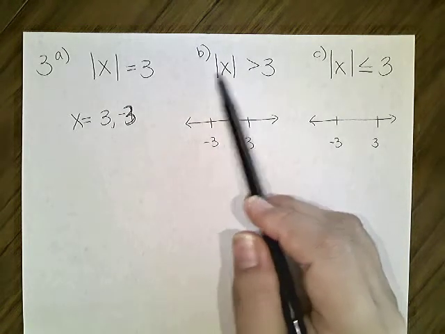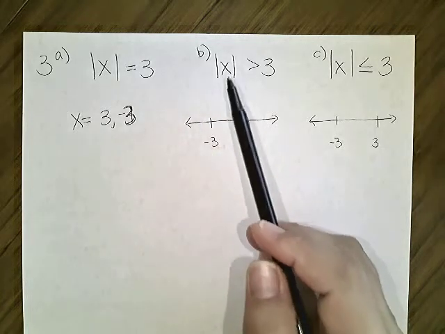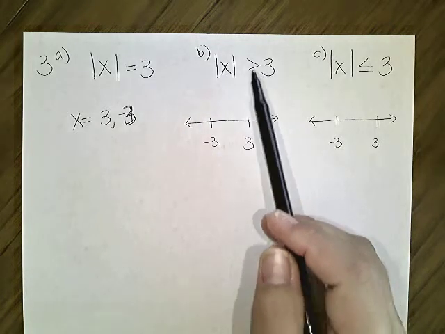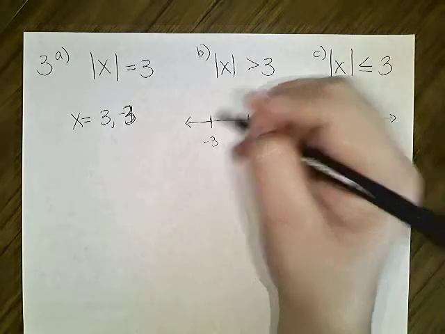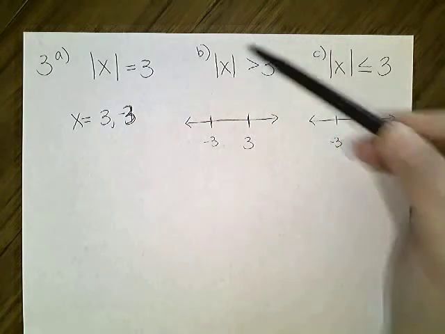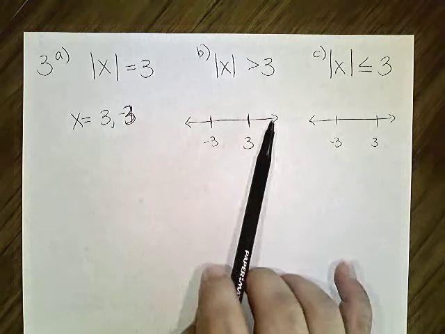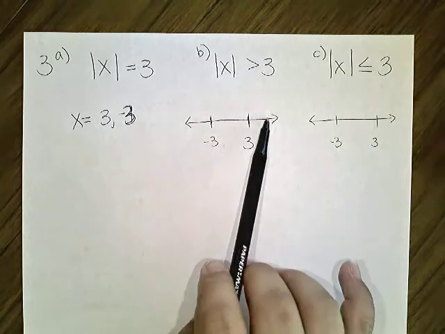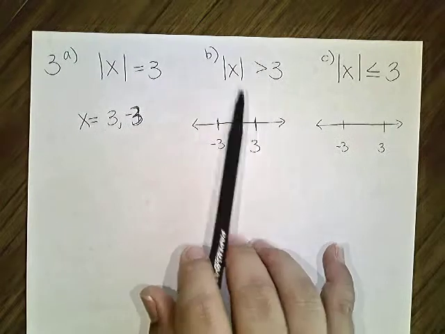But because there's an absolute value symbol, it's not as easy as just looking at the inequality and plugging it in, like our previous inequalities. Another option is to pick a number in each of your 3 regions, your left region, middle region, and right region, plug it in and see if it makes the inequality true or false.